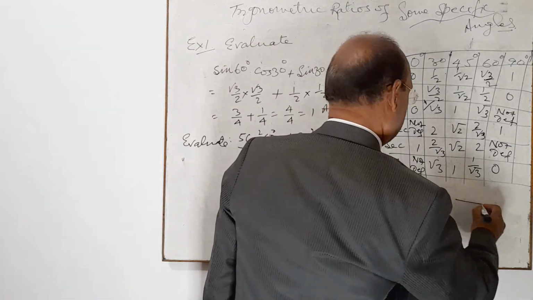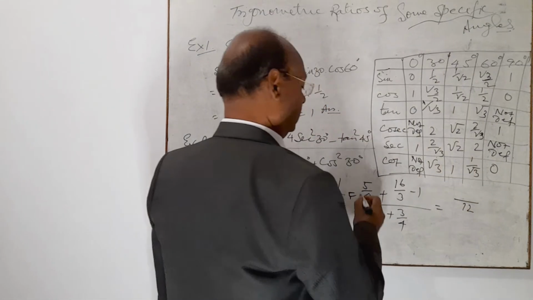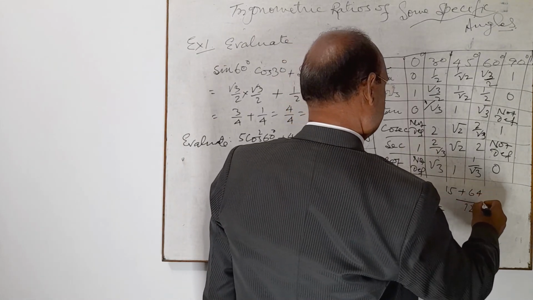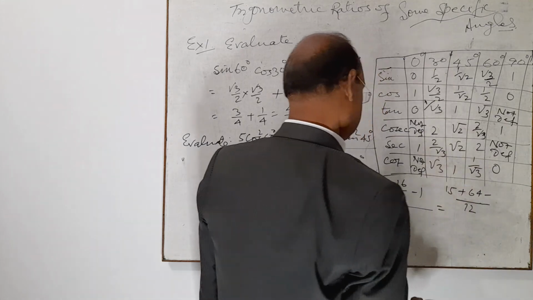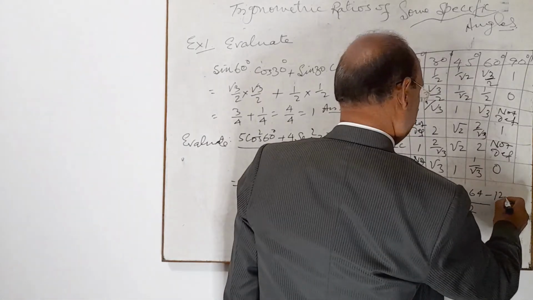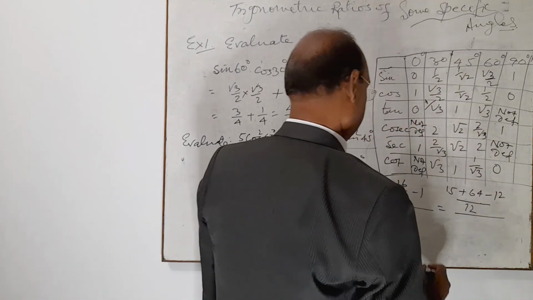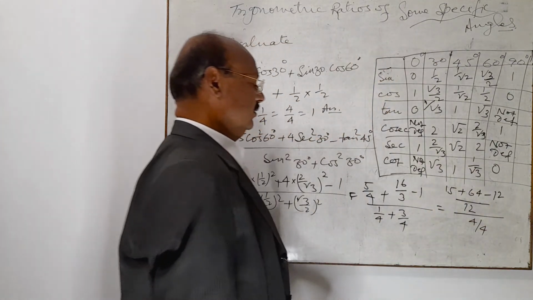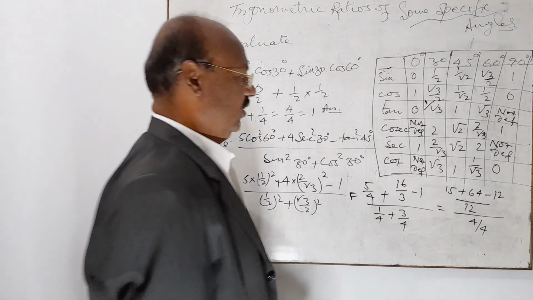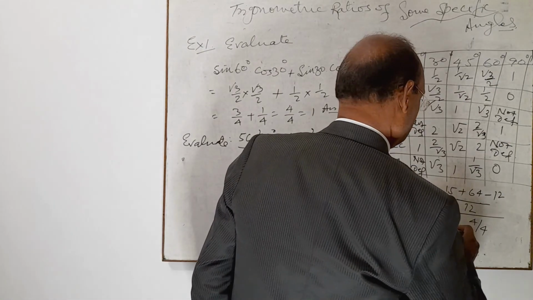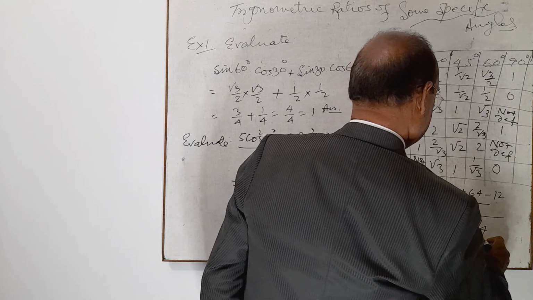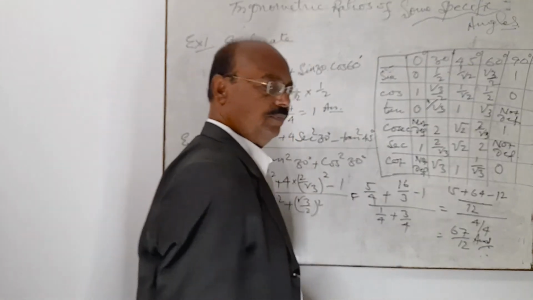So LCM is 12 and this will be 15 plus 64 minus 12, divided by 4 by 4, that is 1. And this is equal to 67 by 12. This is the answer. Fine.